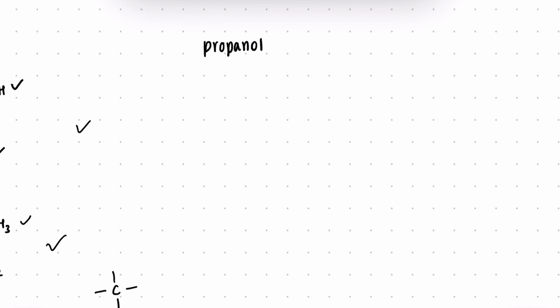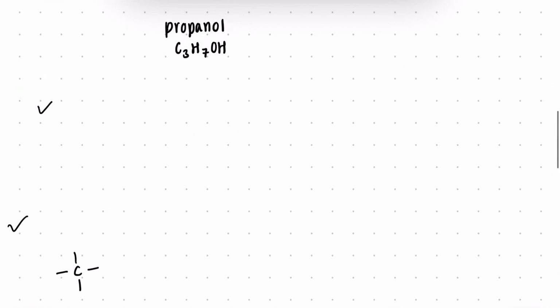So propanol is an alcohol, and its formula is C3H7OH. That's the formula of propanol right there. So we're going to go with this example.